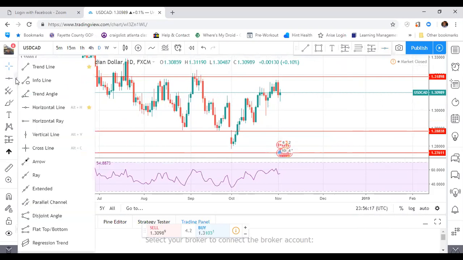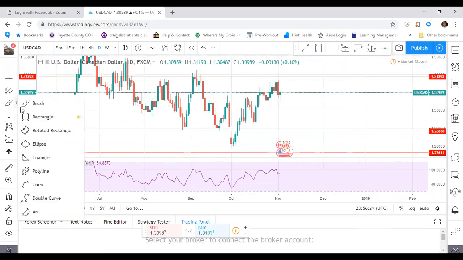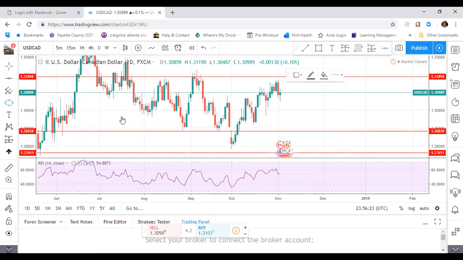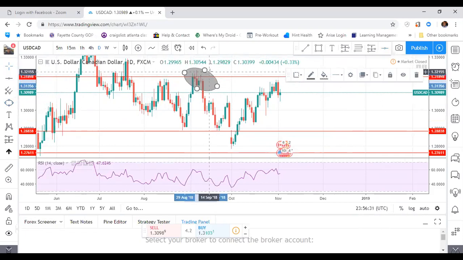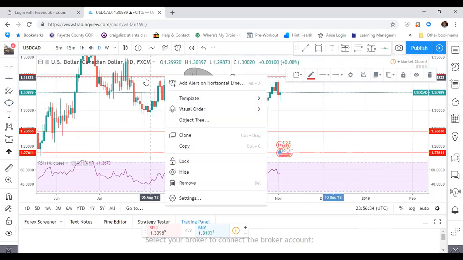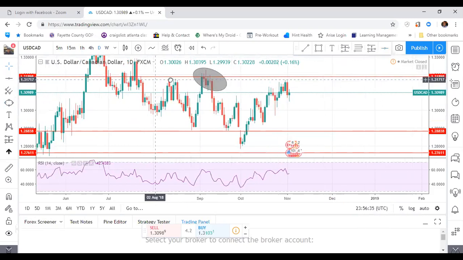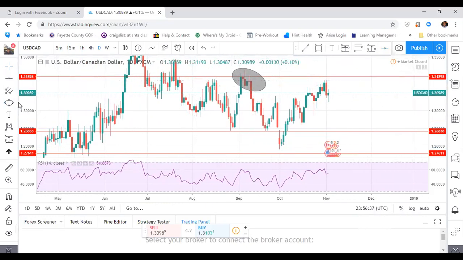Okay, so let's see if I can make a couple circles here. Okay, so yeah, so I'm paying attention because here is an area that is touched.